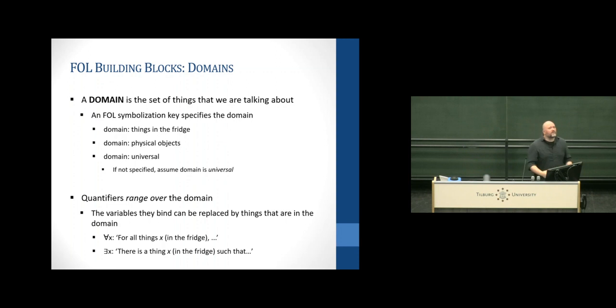Now, what's important is that this domain, again, is the things that we're talking about. And that's useful because it's what our quantifiers are going to range over. What does that actually mean? It means that these are the objects apt to be plugged in for our variables.